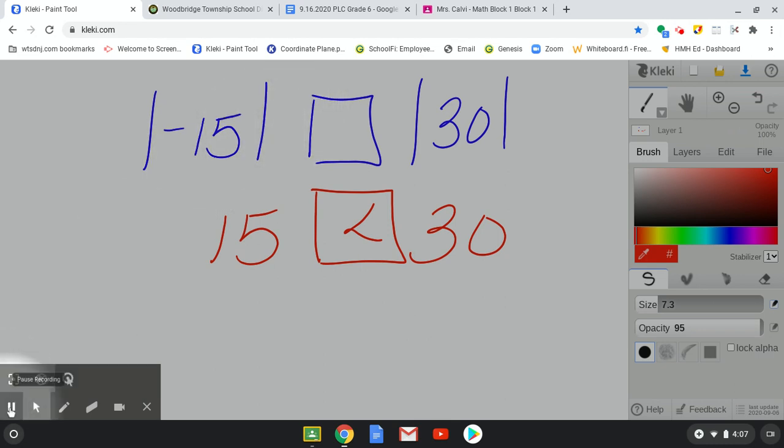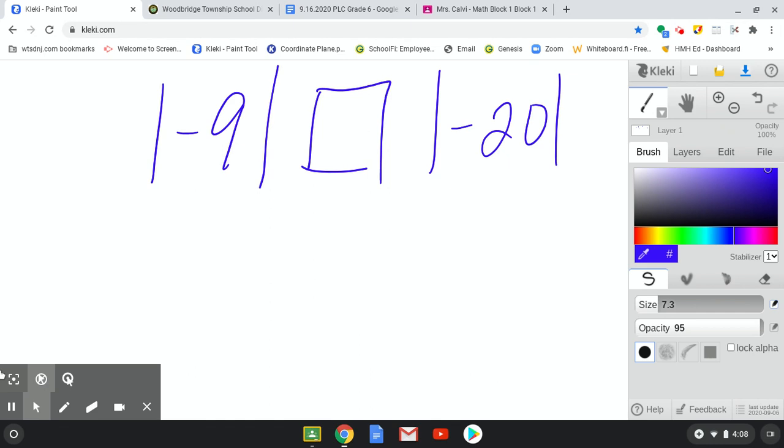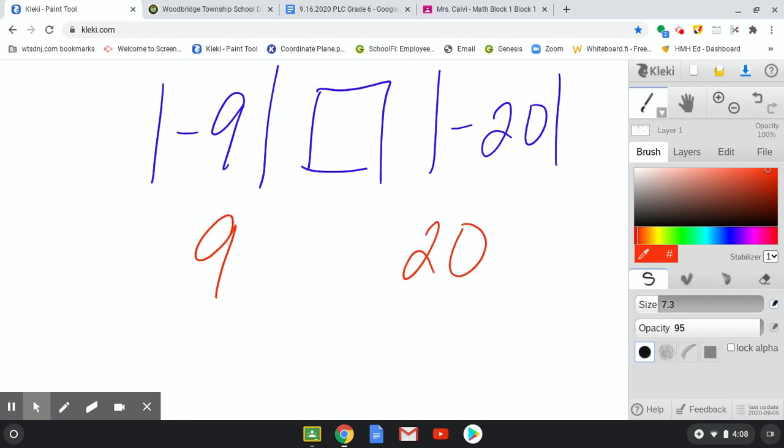So let's try another one. So in this example, I am comparing the absolute value of -9 to the absolute value of -20. All right, so here, don't forget, we want to first figure out what the absolute value of -9 is, and that would be a +9. And the absolute value of -20 is a +20. So now this is what we're comparing.